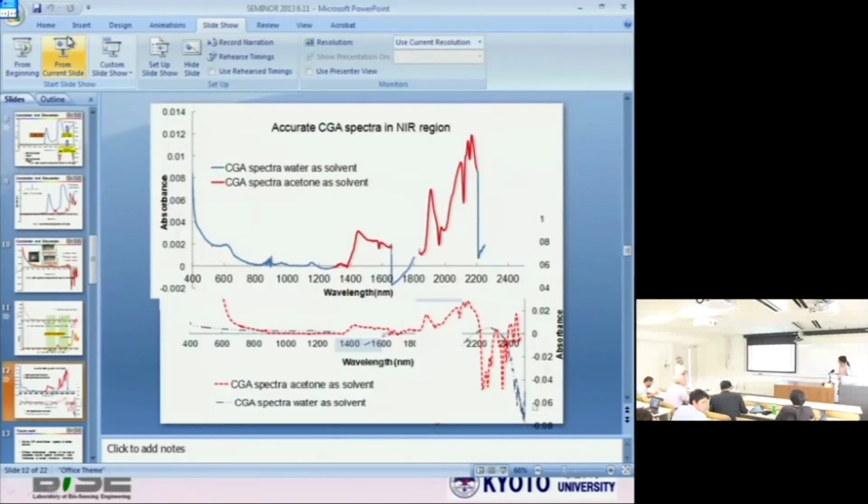So in this one here, between 1,400 and 1,600, is a zone where there is minimal interference. Yes. Why don't you just do your analysis in that wavelength only? I haven't tried. Maybe I should try.